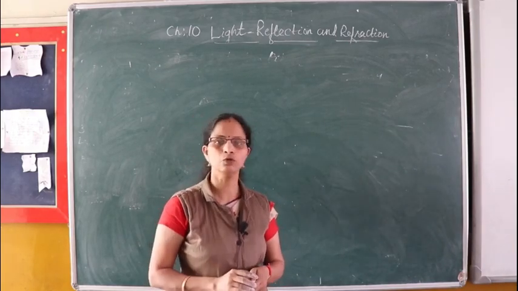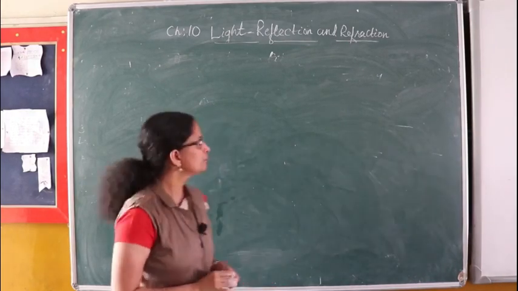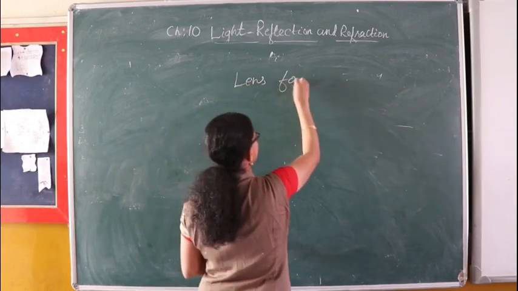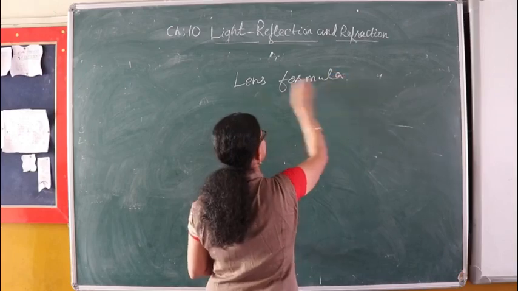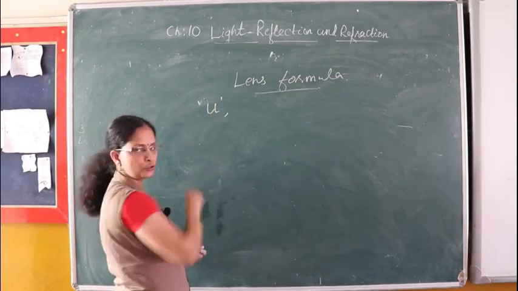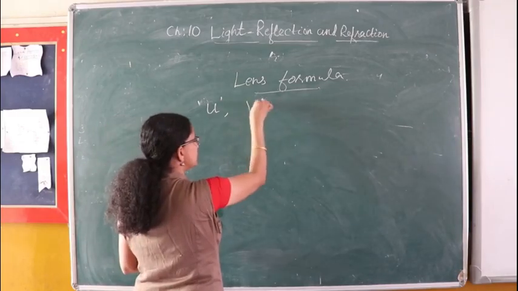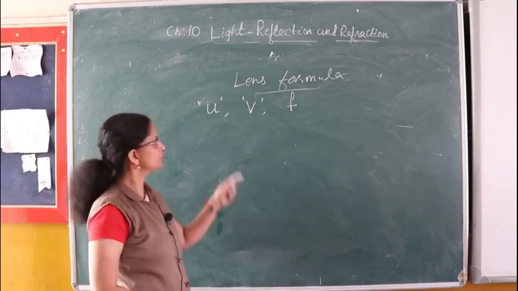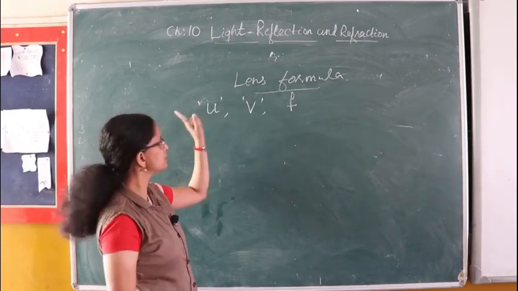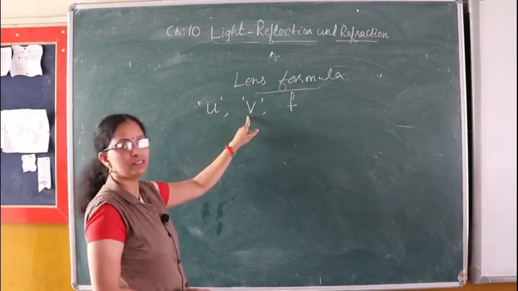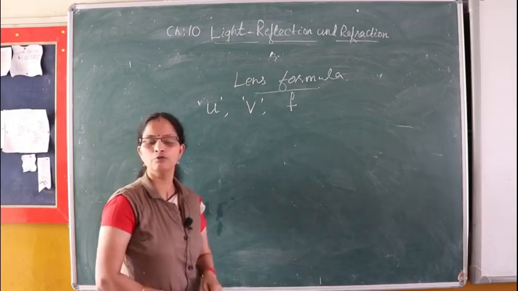Now, as we studied the mirror formula, here the object distance, image distance and focal length of the lenses are also related to each other. That is known as the lens formula. In the lens formula, u is the object distance, v is the image distance and f is the focal length.